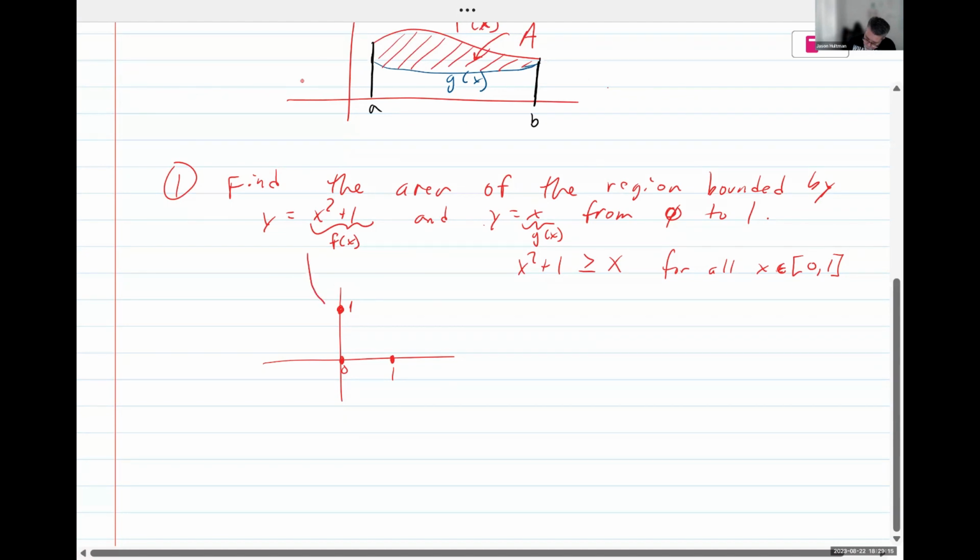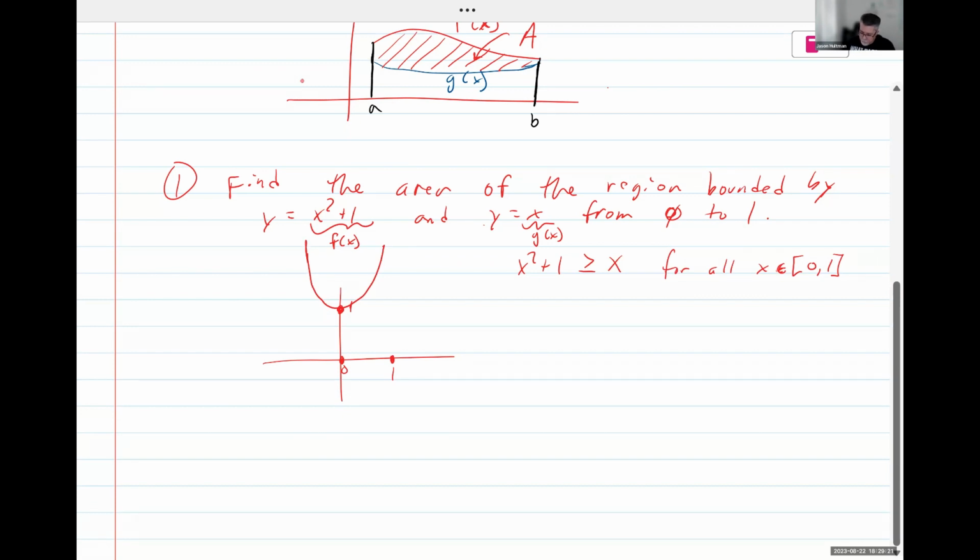So we have this parabola here, that's x squared plus 1. And then we have this line y equals x. Well, that's just the line that goes through the origin and makes a 45-degree angle. That's y equals x.